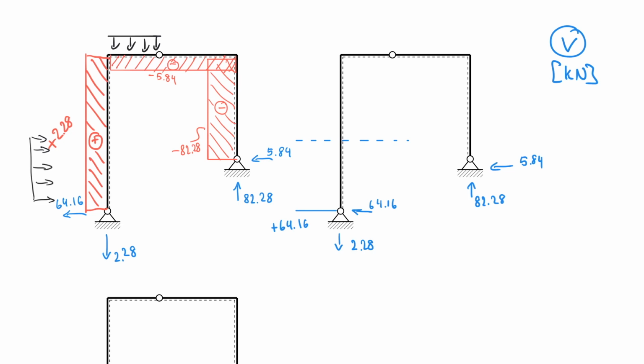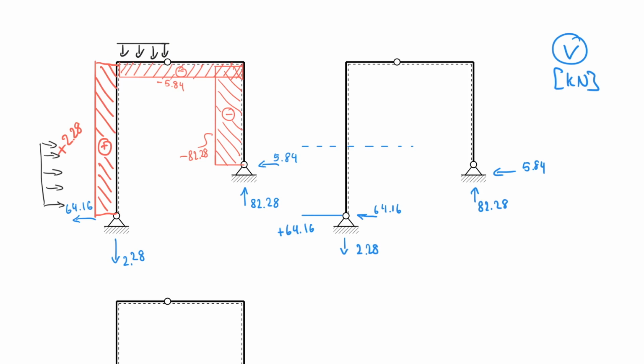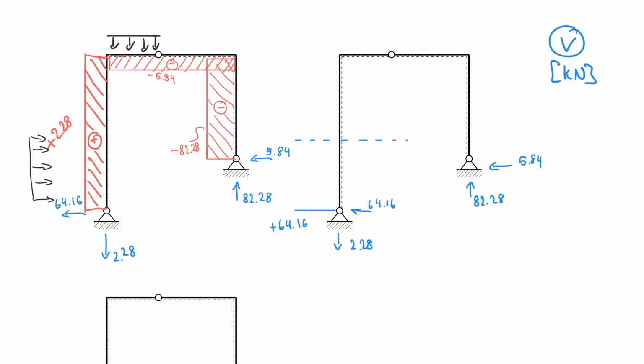Let me just draw that properly for you. So here we go. And then I have the case where nothing happens, right? So nothing happens, nothing happens, nothing happens, nothing happens. And now similar to the normal diagram, it has to go back to 0 again.